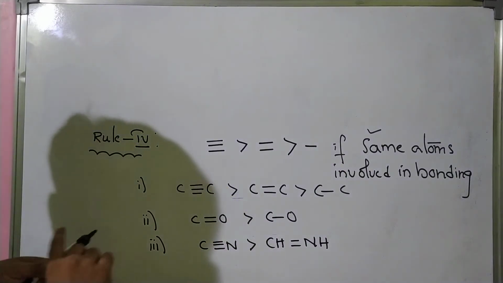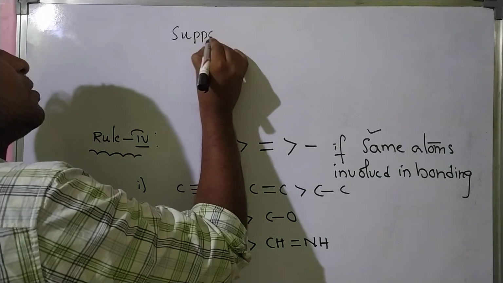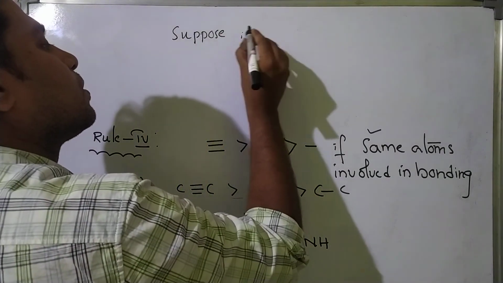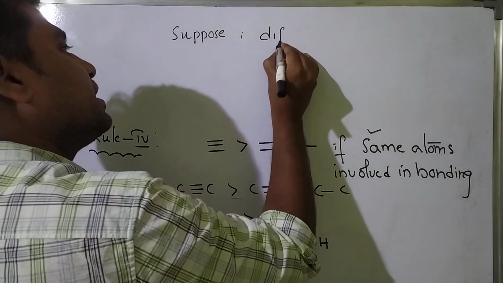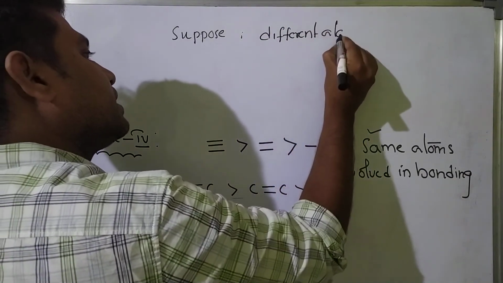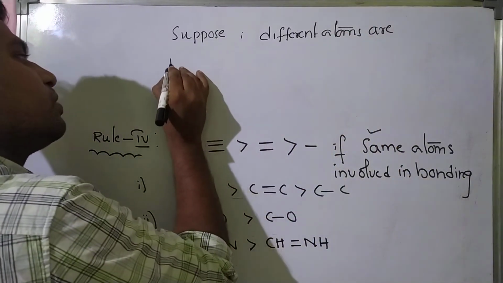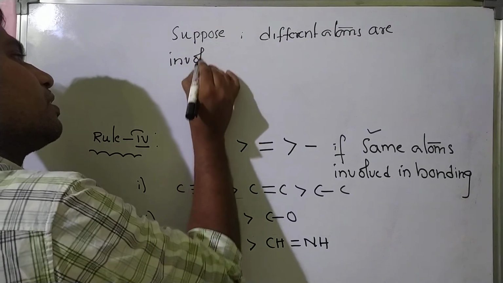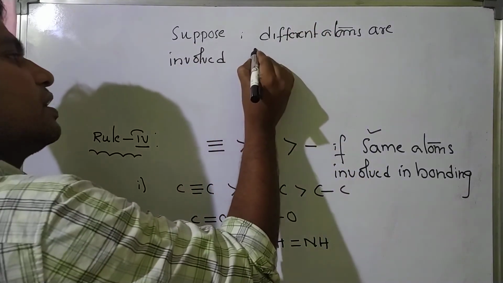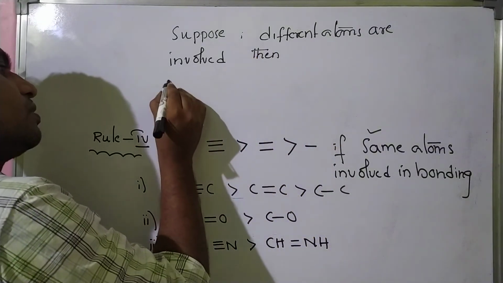Now suppose different atoms are involved in bonding. Then the priority order is like this.